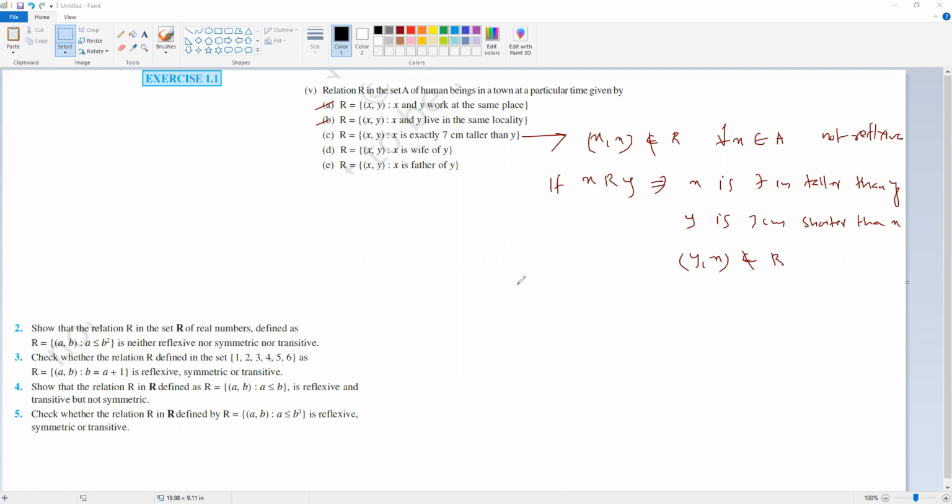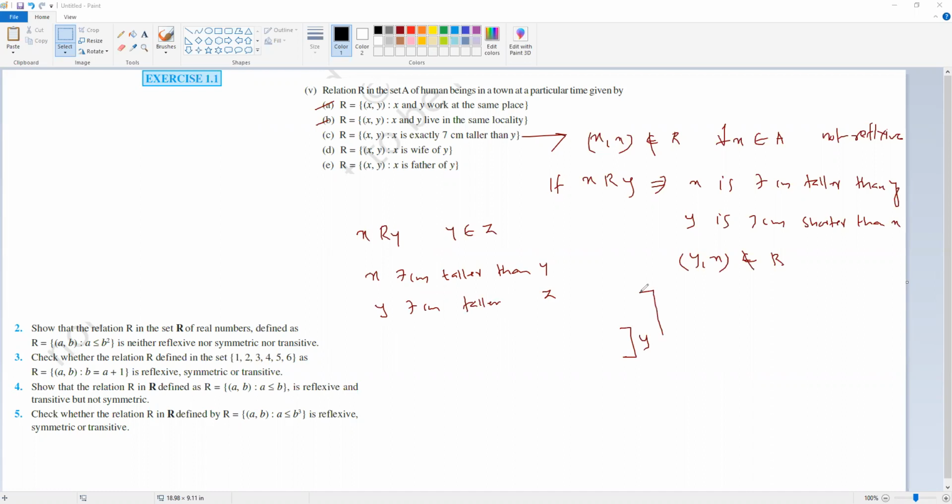Now transitivity है क्या? देखो, x is related to y, y is related to z. So x is 7 centimeter taller than y. Then y is 7 centimeter taller than z. देखो, this is y.